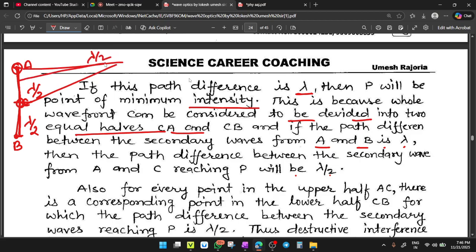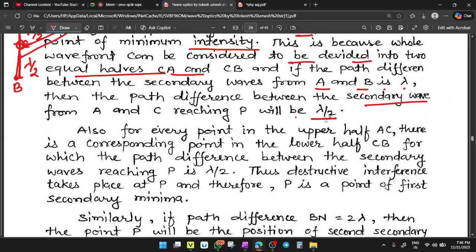Next, another wave here and the next one just below point C again have a path difference of lambda by 2. Also, for every point in the upper half AC there is a corresponding point in the lower half CB.